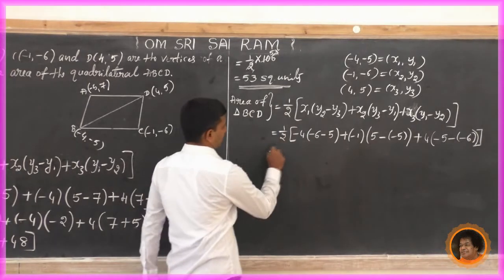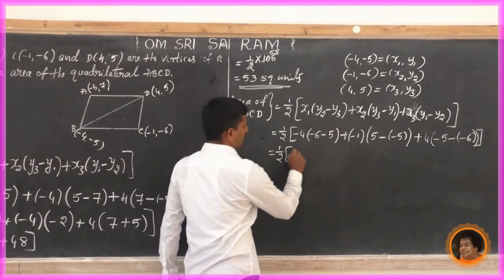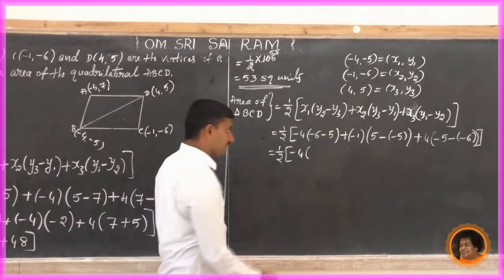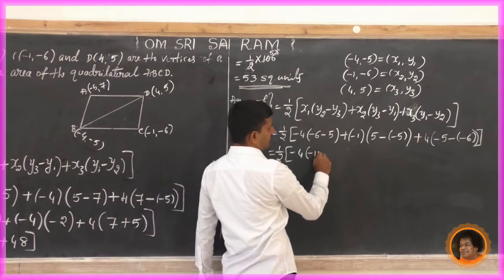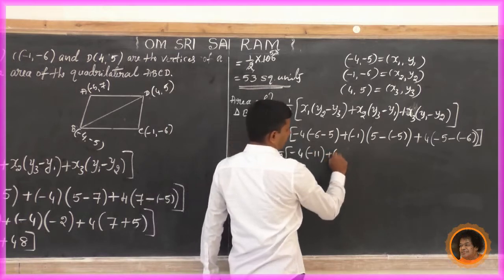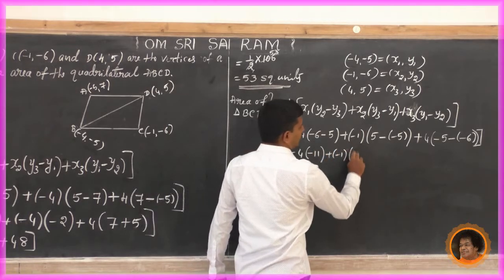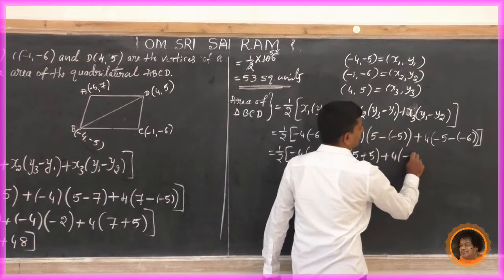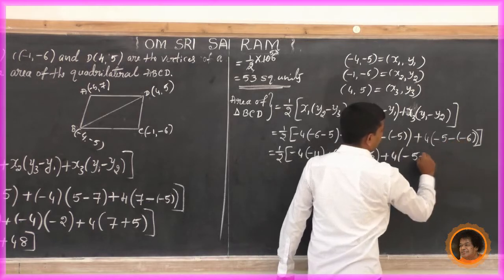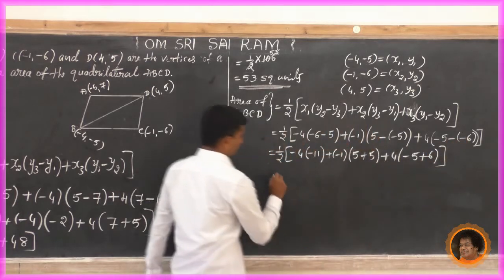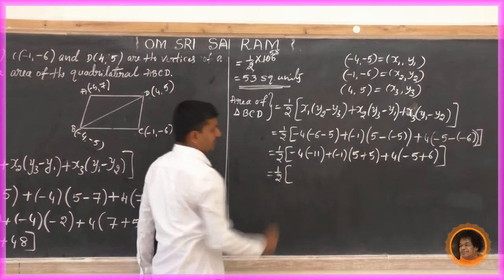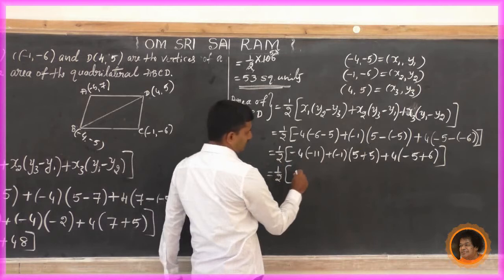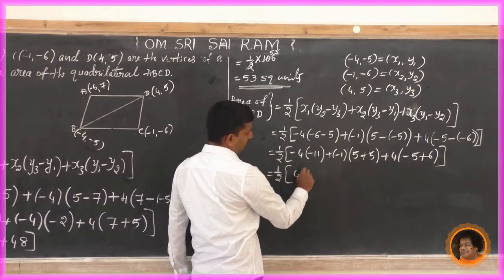Now simplify. Equal to half into minus 4 into minus 6 minus 5, minus 6 minus 5, that is minus 11, plus minus 1 into 5 minus into minus, plus 5, plus 4 into minus 5 minus into minus, plus 6. So which is equal to half into minus into minus, plus 4 into 11, 44.